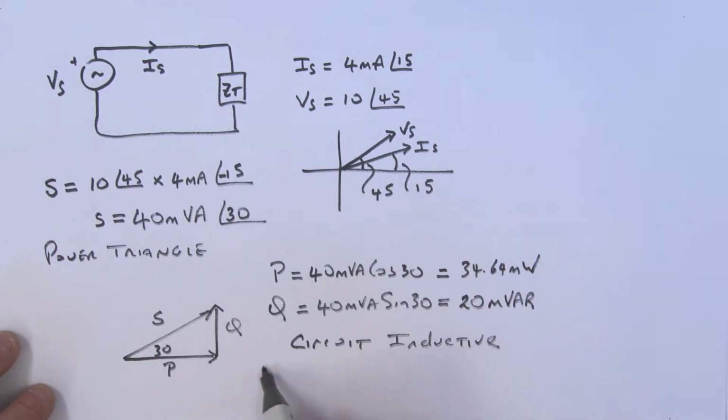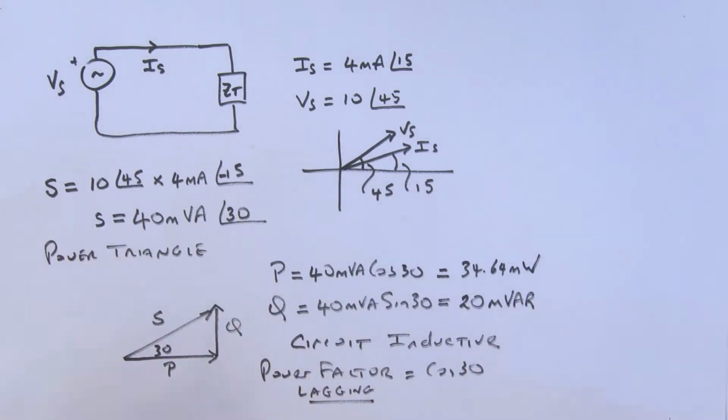And so the power factor here, which is equal to the cosine of that angle of 30 degrees, is a lagging power factor.